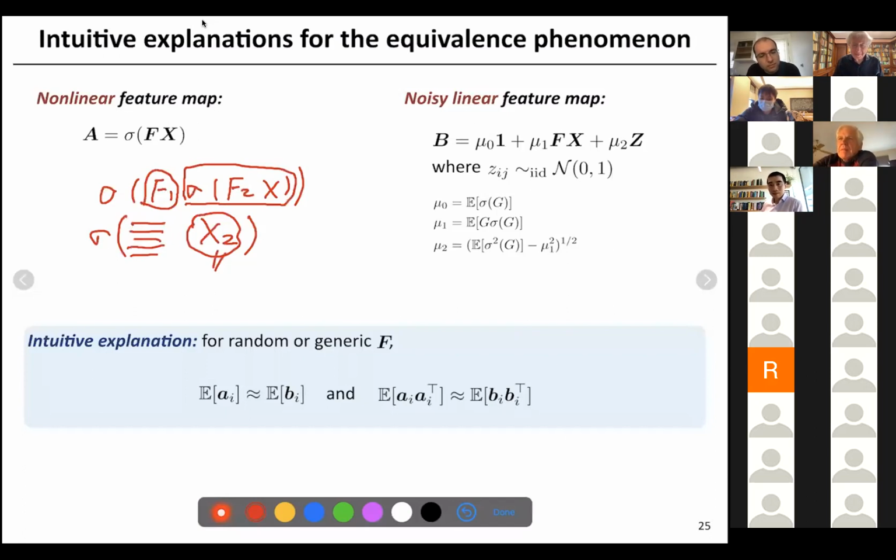That setting can be easier to analyze if these matrices have some nice properties. Suppose all the original matrices are symmetric and have a rotationally invariant eigenbasis, and you apply a polynomial of such a matrix, then it's much easier to analyze. The challenge actually comes from the fact that we are applying nonlinearity to each entry of this matrix.